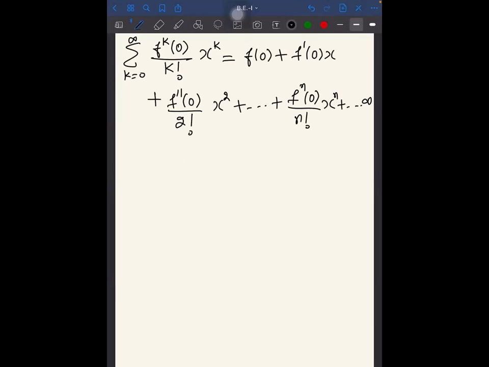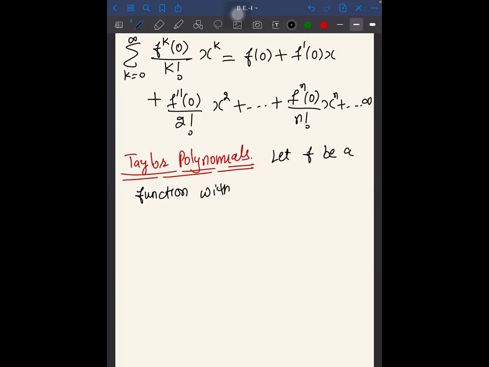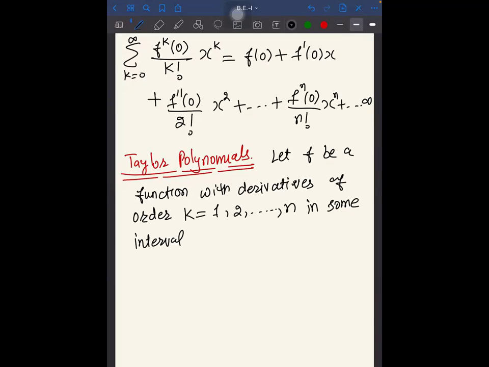So let's say Taylor polynomials. That is also easy. Let f be a function with derivatives of order k equal to 1, 2, up to n, in some interval containing a as an interior point.